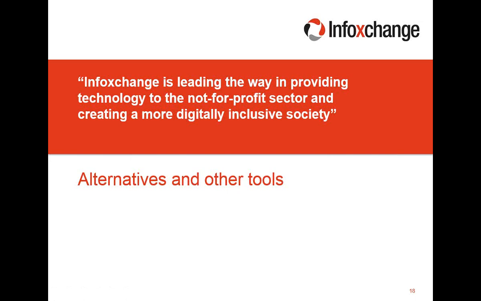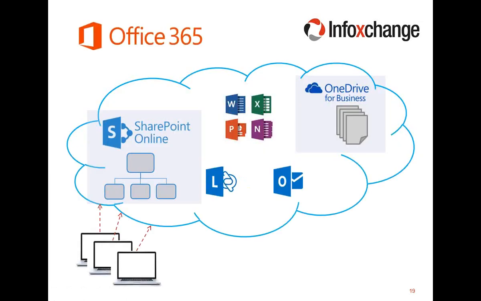The first one is OneDrive for Business. So you'll recall from this slide that there was a range of products offered to users when they get 365, including OneDrive for Business and SharePoint Online. And this view kind of explains that even better.